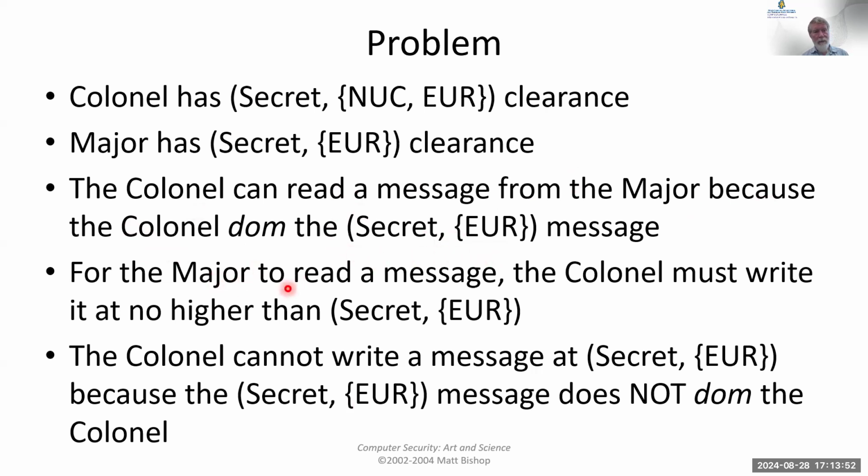But for the major to read a message from the colonel, the colonel can't write a message that's secret Europe at those levels. How can they communicate? The colonel can read a message, but the major can't read a message from the colonel. All right, everybody understand? It's kind of an issue there. You can send a message to somebody, but they can't reply.